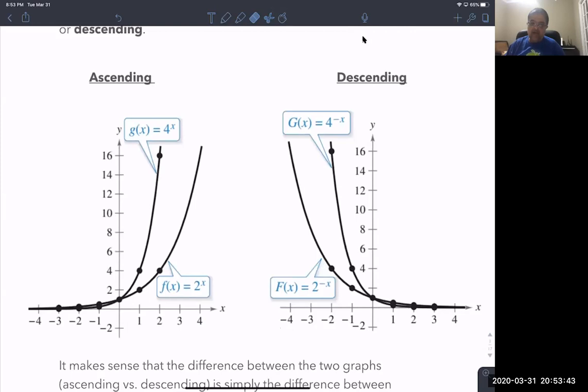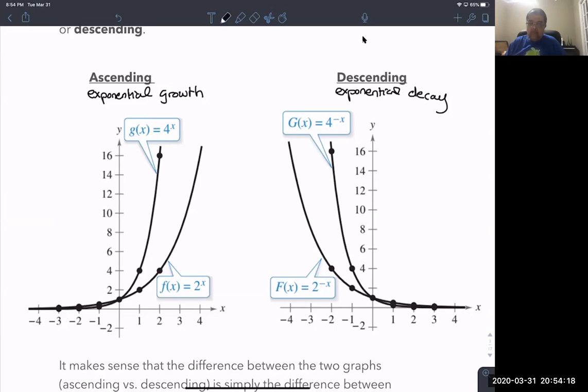Either we have exponential growth or ascending functions, or exponential decay or descending functions. So this is exponential growth. And this is exponential decay. And we're going to talk about how to look at an equation and determine whether it's a growth or decay function.